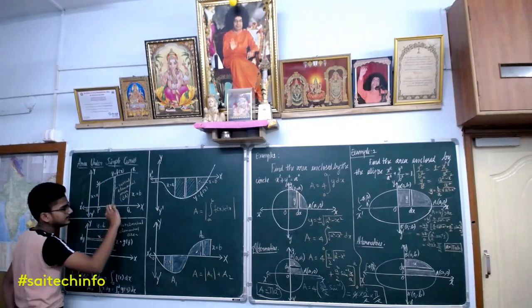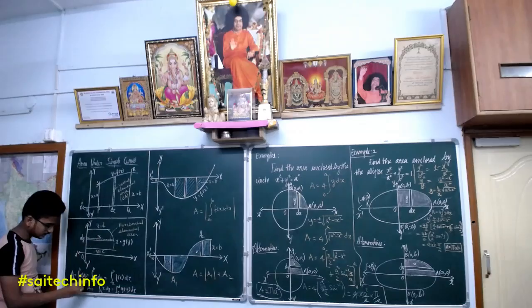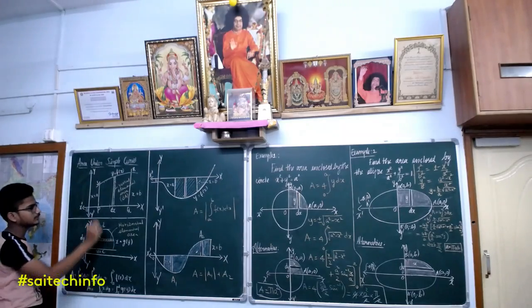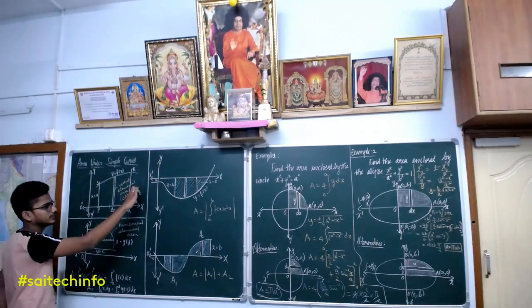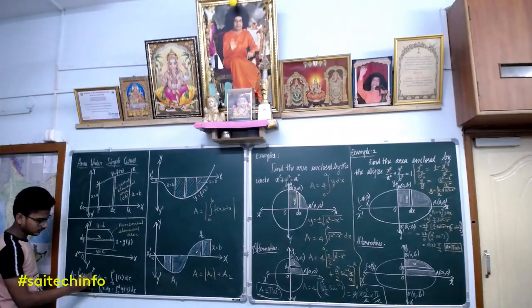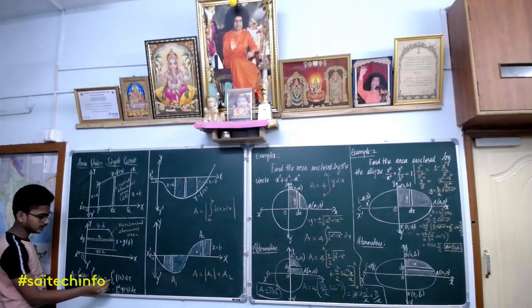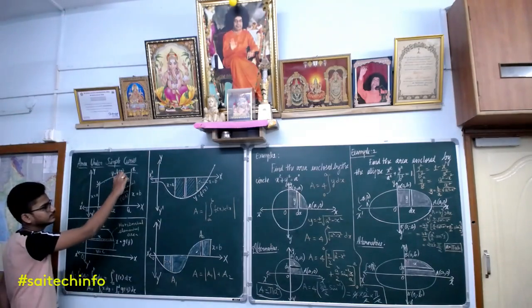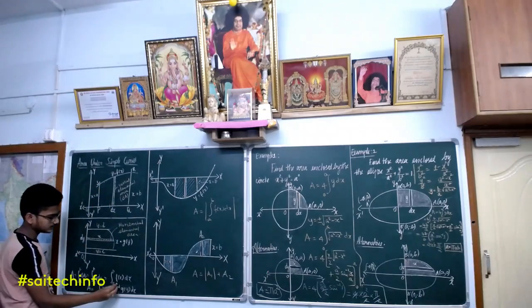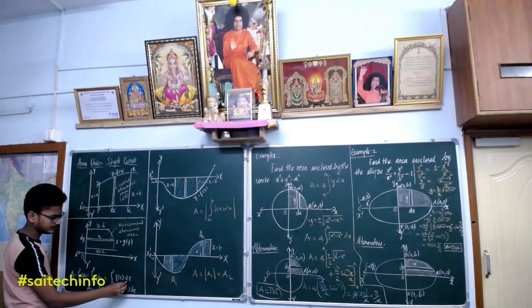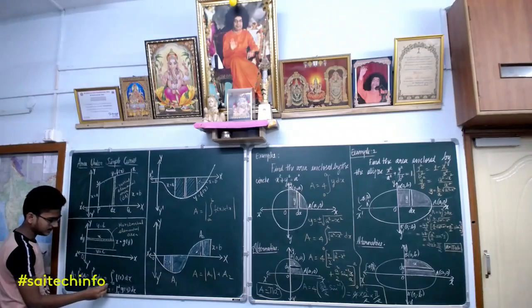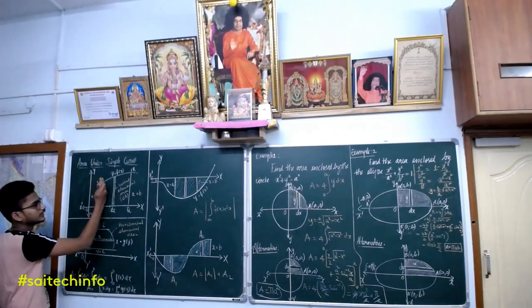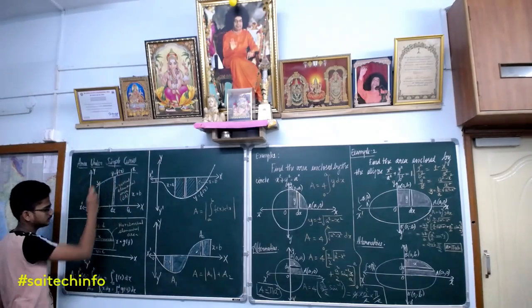The breadth is dx and the length is y. So it is y dx, applying the limits from initial point to final point, that is a to b, where y is f of x, which is the curve, into dx, the differential element. On integrating, we get the required area, that is PQRSP.